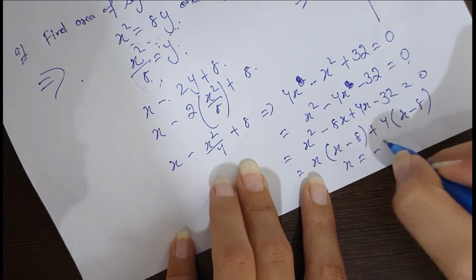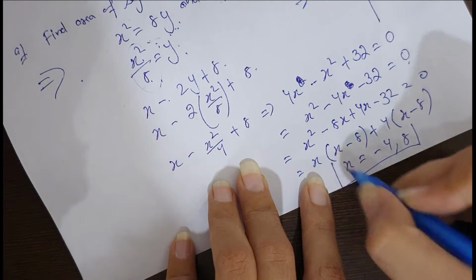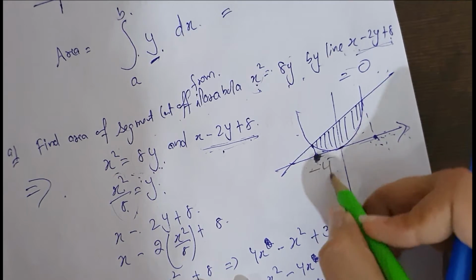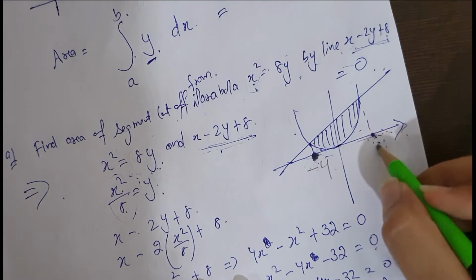Here x comes out to be minus 4 and 8. It means this point is minus 4 and this point is 8.